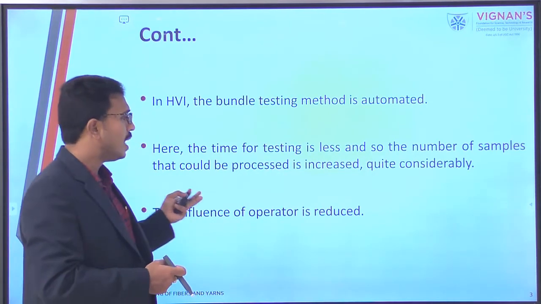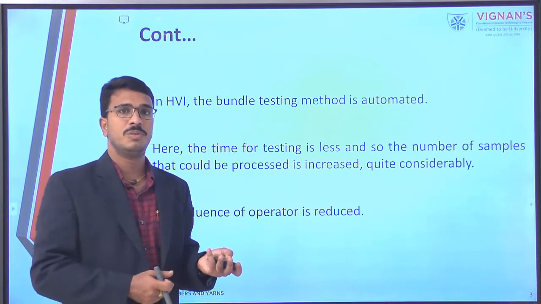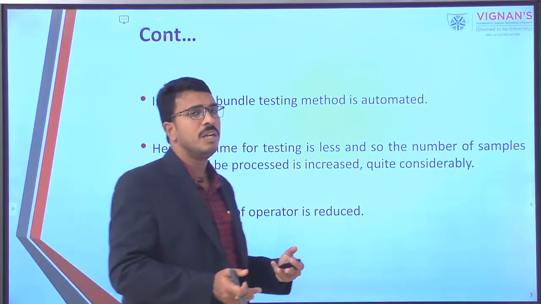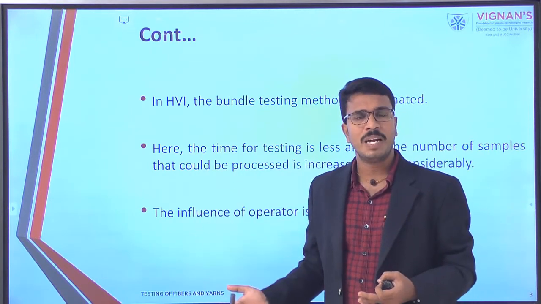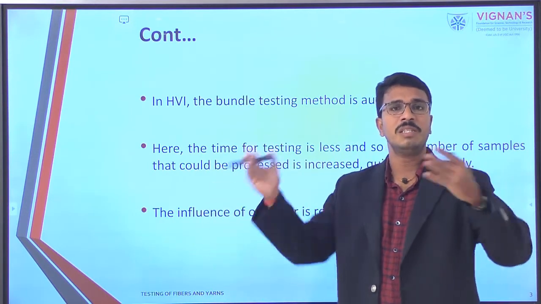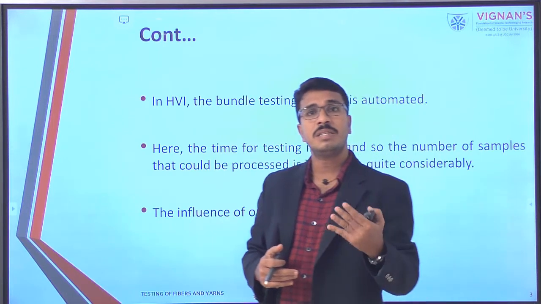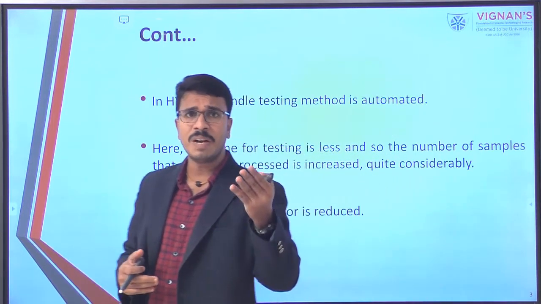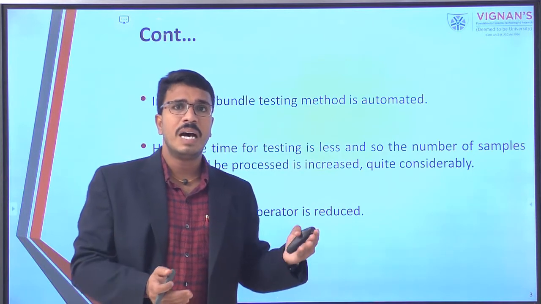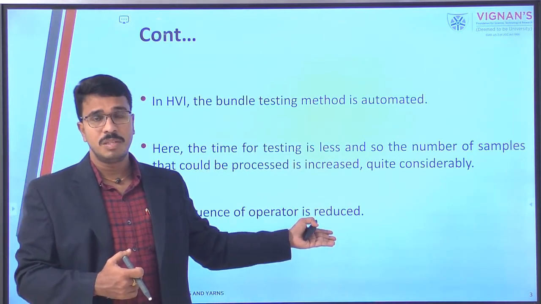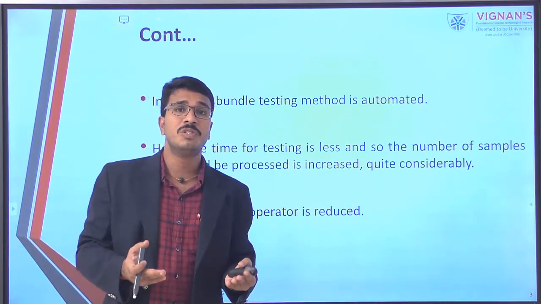The influence of the operator is reduced. The traditional instruments are Micronaire for fineness, the fibrograph for fiber length, and the stelometer for bundle fiber strength.